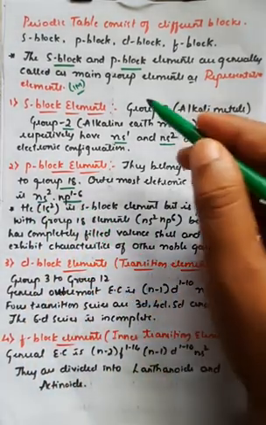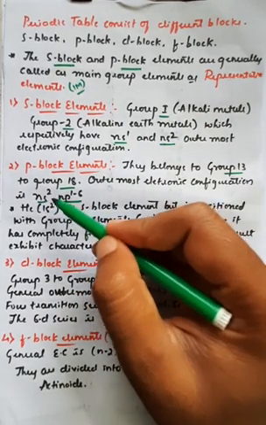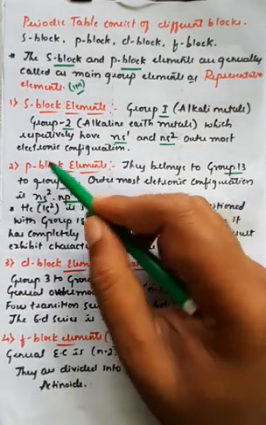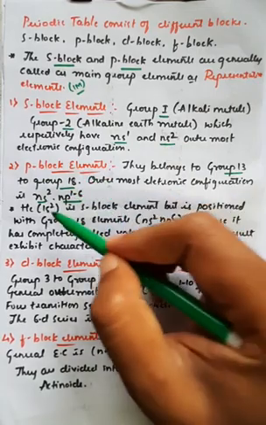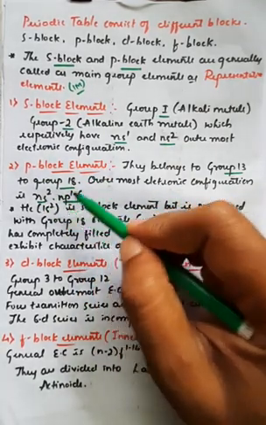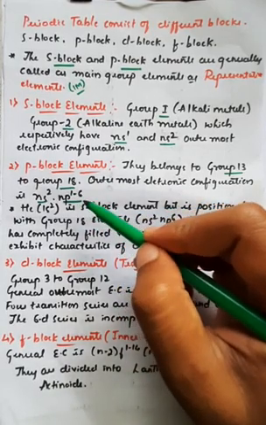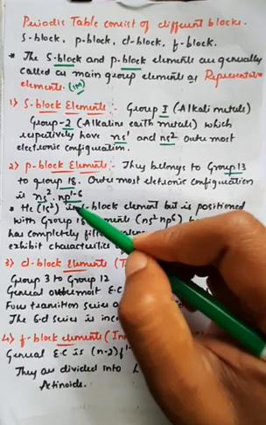So ns2, because the s orbital is completely filled, so we have to show that it is completely filled. Further, the electron will jump to the p orbital, so it is ns2 completely filled, and further we write np1 to 6, because maximum it can hold 6 electrons, minimum it can hold 1 electron in its outermost orbit.